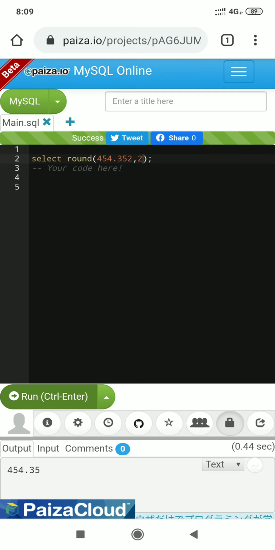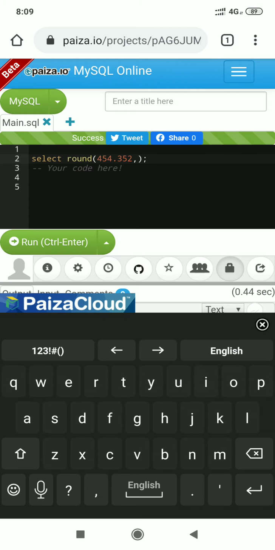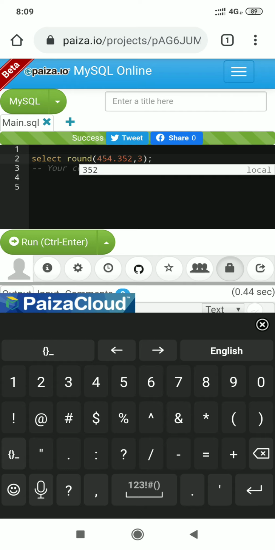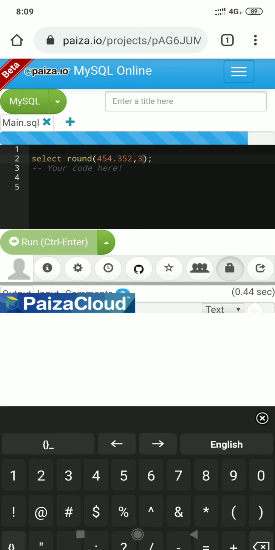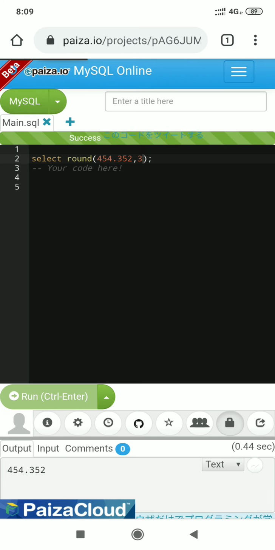Now we write 3 here. At 3 decimal place it is 2 and after that there is no value, so it should be considered 0, and 0 is not greater than or equal to 5, that's why it remains the same.